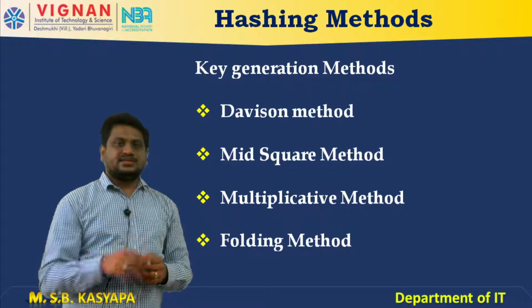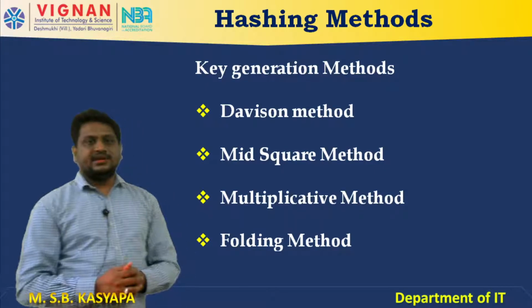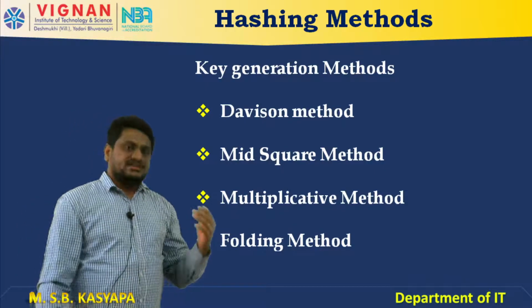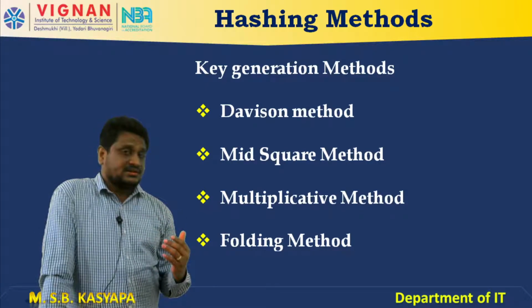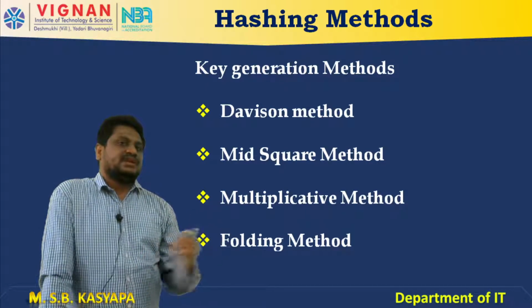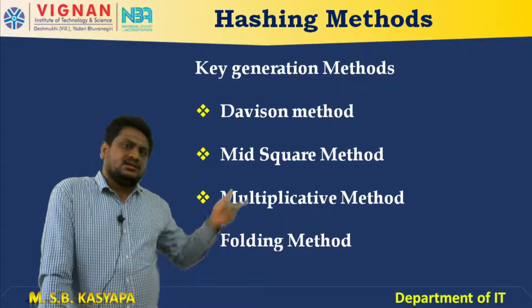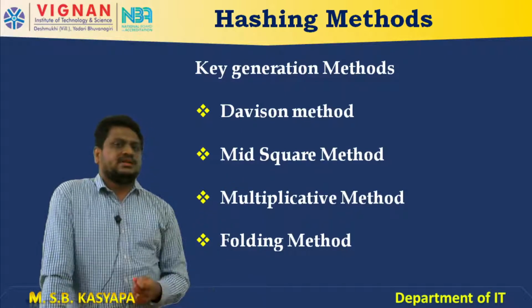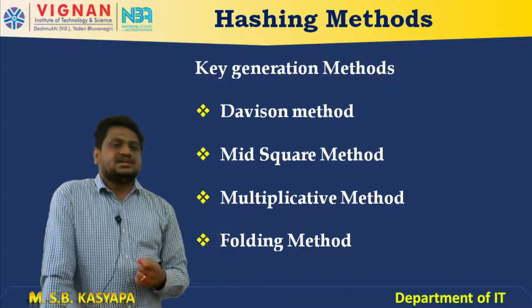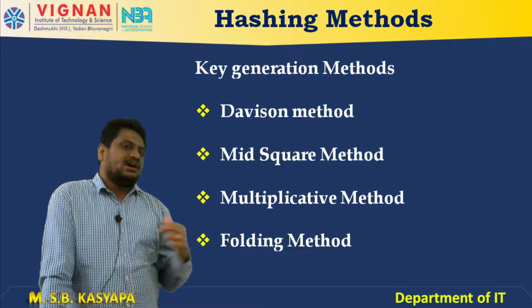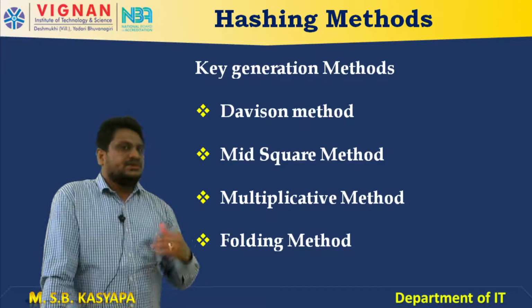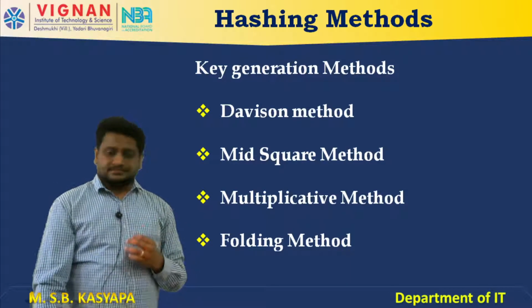So 124 means 12 comma 4. From the divisions, I will sum all the parts. So I will get some result. From that result, I will get a key. So these are the four hashing methods which can generate a hash key. I already discussed them in detail in the previous video. You can check there.